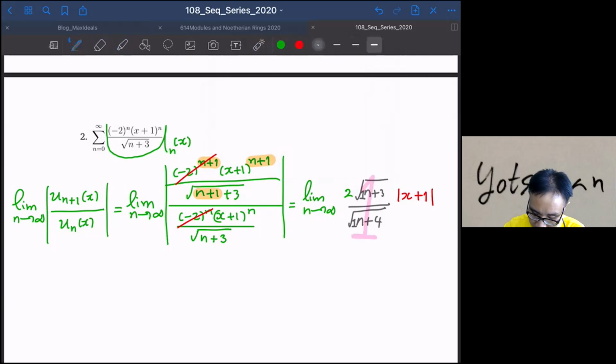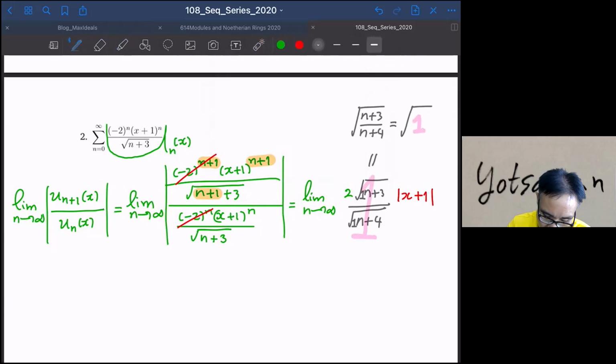Or if you're confused, you can just take n plus 3 over n plus 4, and this limit is going to be the root of 1 for sure. That's why I say 1 for all of them.